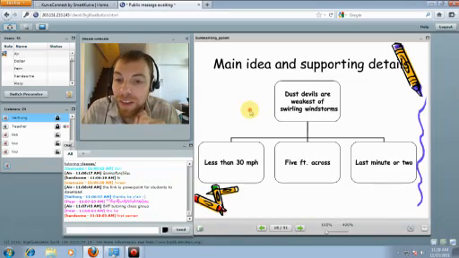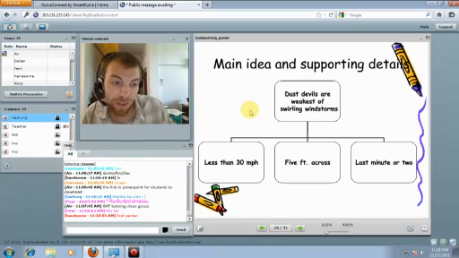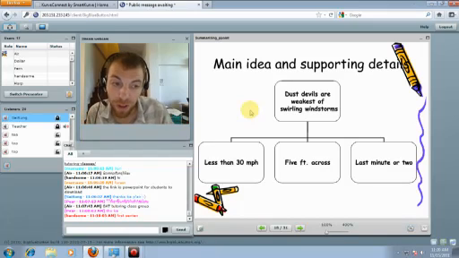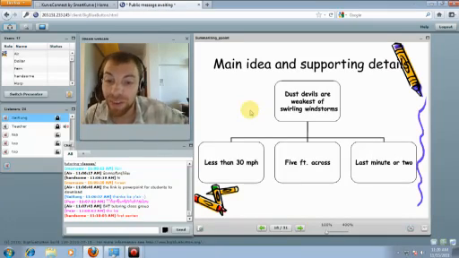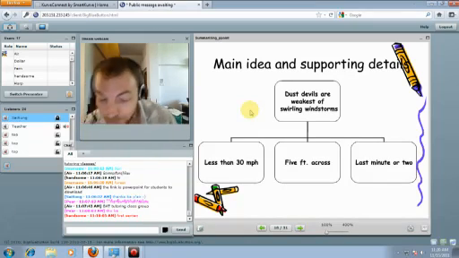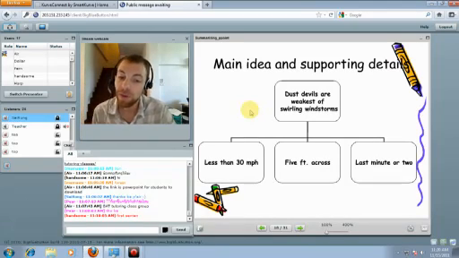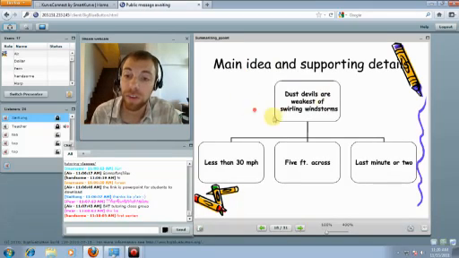That's like a motorbike going not very fast. Next, they are only a few feet across, so they are not very big, very small, like a dog or a cat, the size of a dog, right? And the last one is they only last 1 or 2 minutes. So they're very small, they're fast, but they're very short. So all of this is the dust devil.